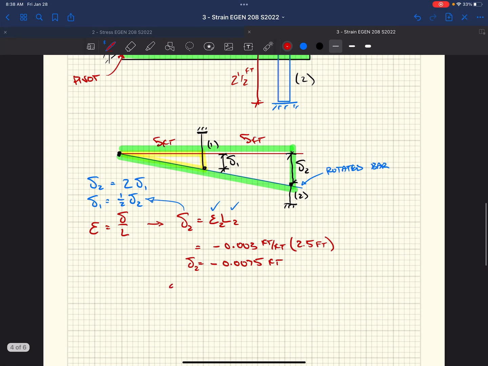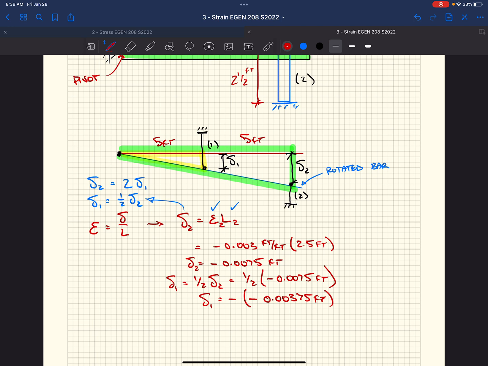We know delta 1 is 1/2 delta 2, so 1/2 times negative 0.0075 feet equals delta 1 equals negative 0.00375. Why did I throw a negative on there?